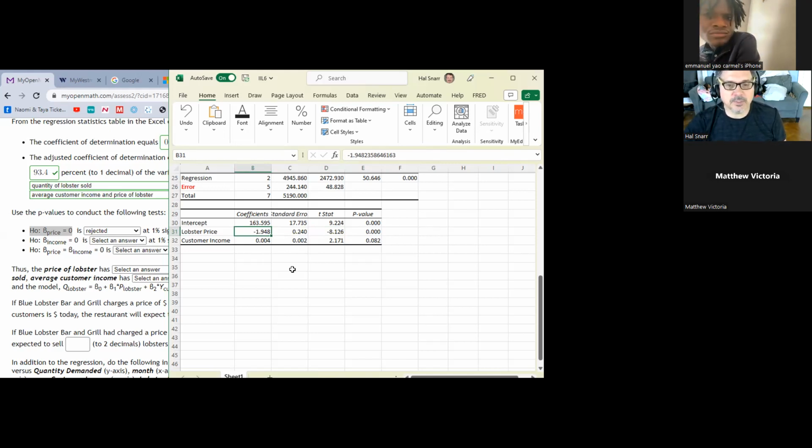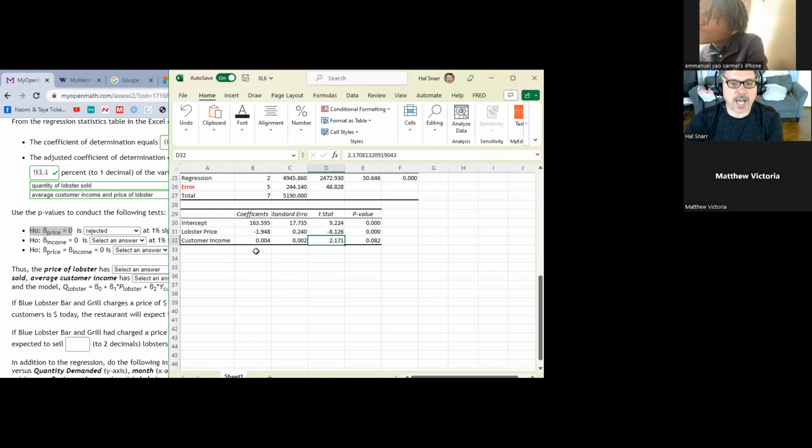And then your customer income is what? My p-value is 0.082. My p-value is bigger than my significance level, so the t-stat is small. My significance level is 1% and my p-value is 8%, so my t-stat is small.